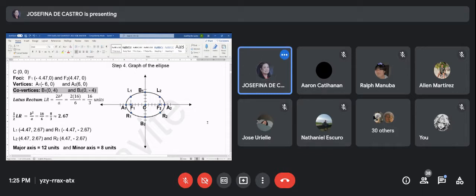Question? So, you just remember the above and below, left and right, para pagdating natin ng hyperbola, ay madali po i-discuss. Latus rectum is equal to 2b squared over a, 2 times 16 over 6, 16 over 3. So, that's the length of your latus rectum.